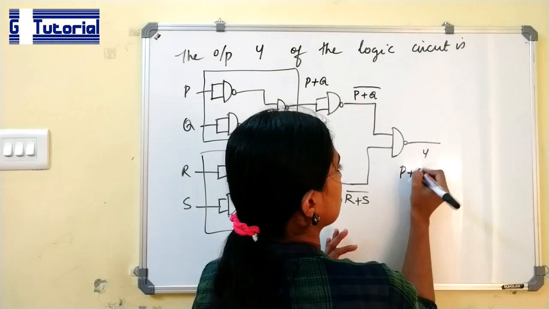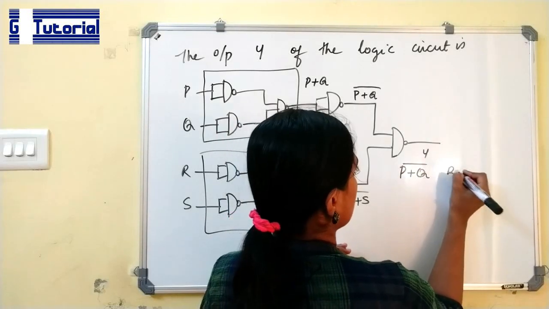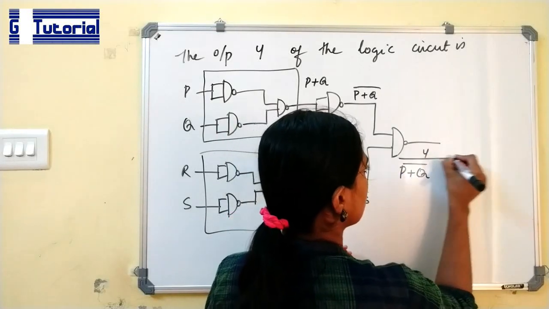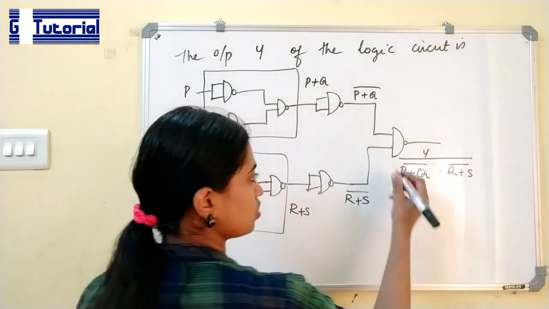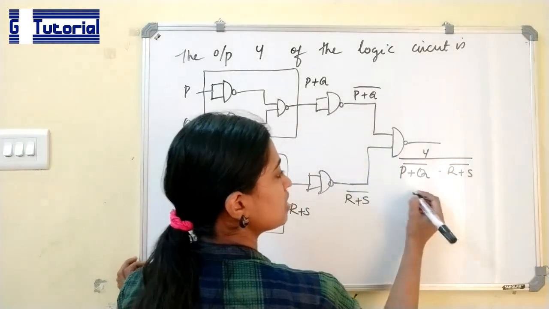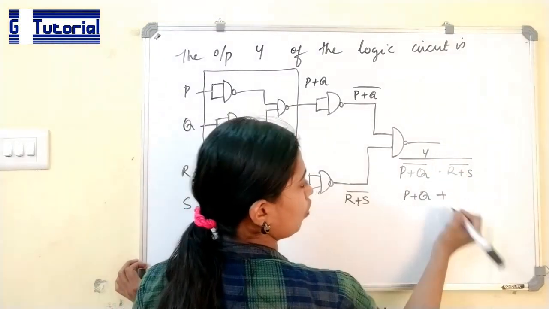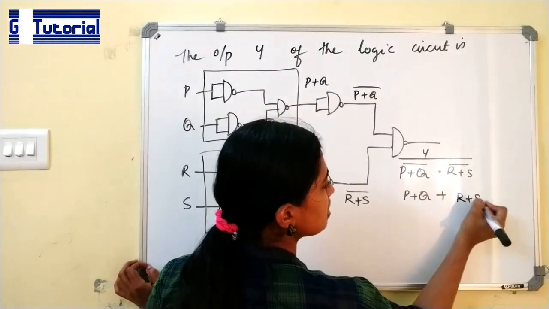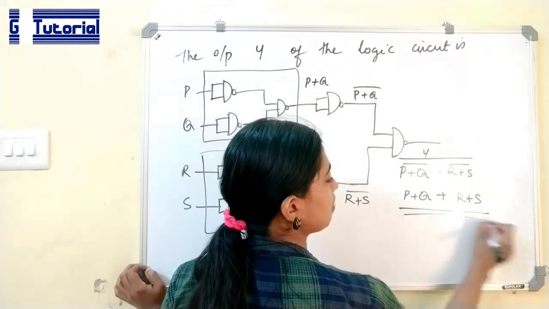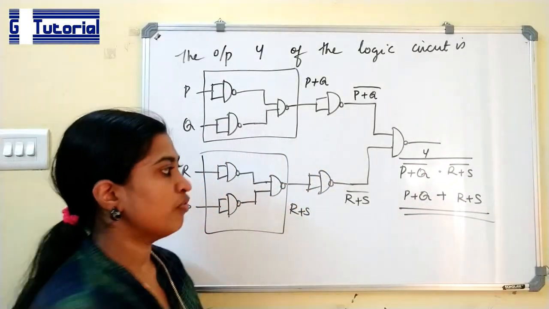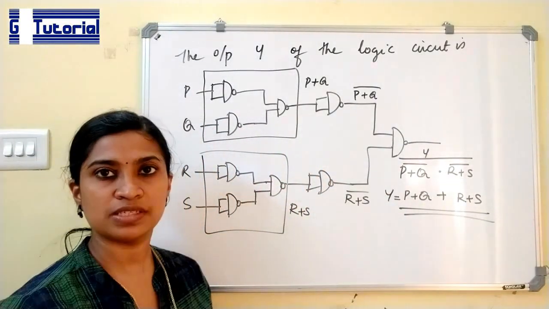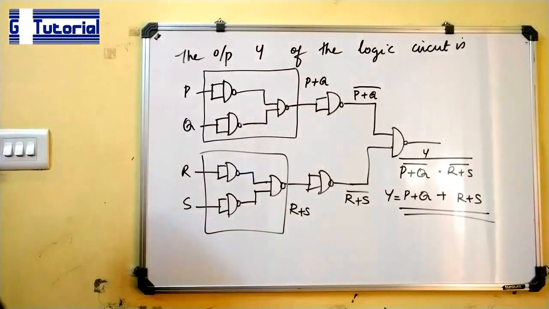So (P plus Q)' and (R plus S)' are fed to a NAND gate. So, (P plus Q)'' is P plus Q. Complement of AND is OR. (R plus S)'' is R plus S. So, the answer is Y equals P plus Q plus R plus S. This is the answer.